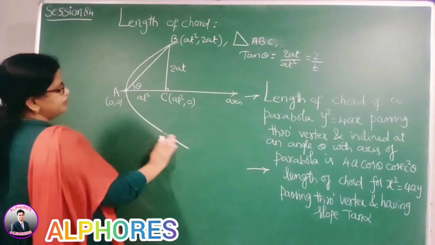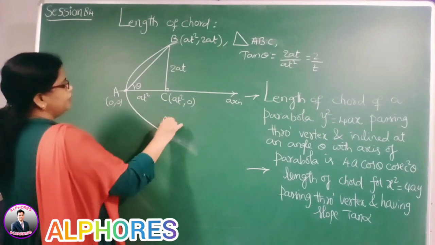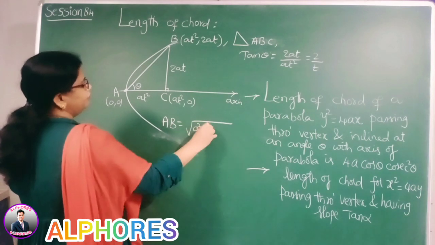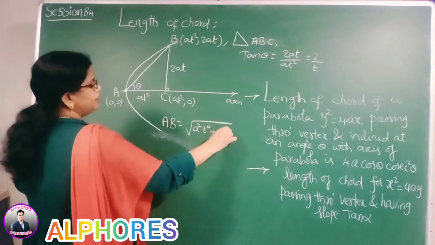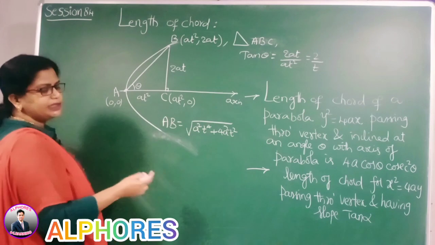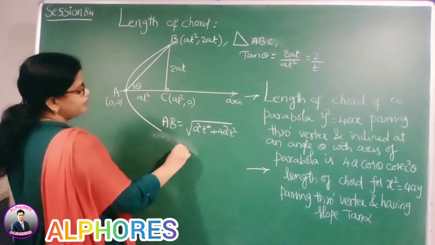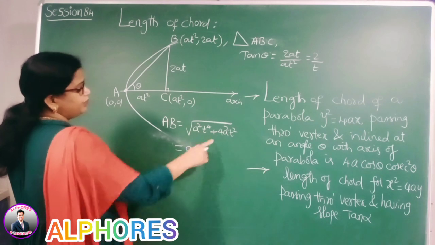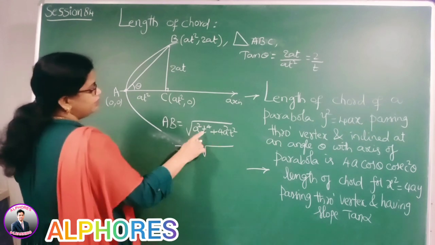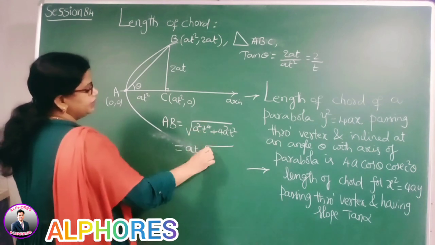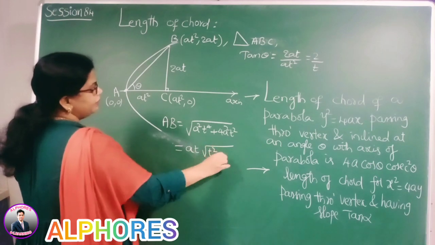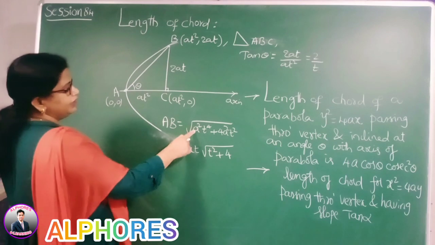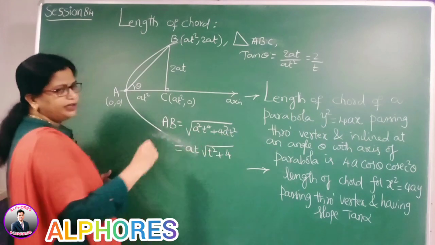And then our interest is the AB value. If you use the distance formula here, AB is nothing but under root of a square t to the power of 4 plus 4a square t square. Now let's take a square t square outside, and therefore it is a t, and inside it is t square plus 4.